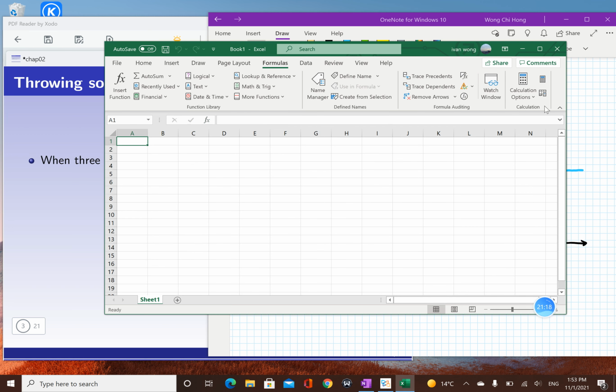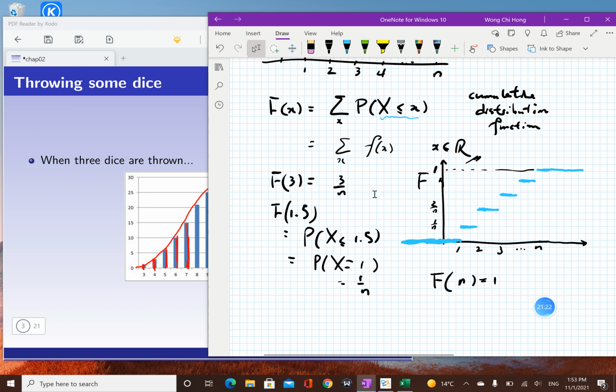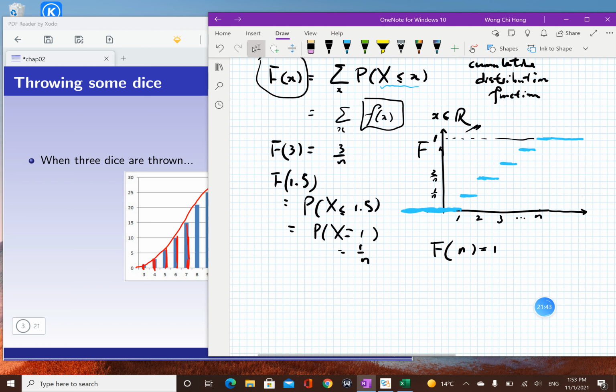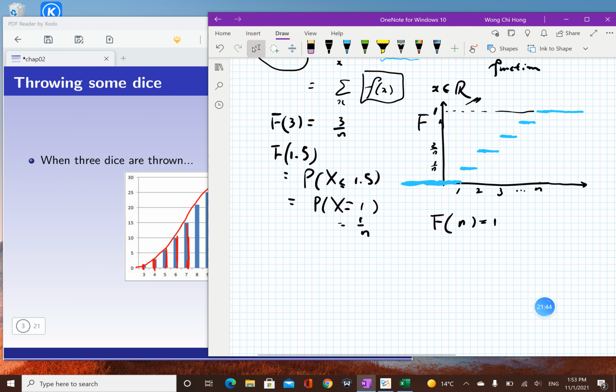But in the old days, we may have to do these things separately. Having the probability mass function is one thing. Adding them together to have a cumulative distribution function is another. So given a random variable, you may consider one or the other of them, using the probability of these guys.